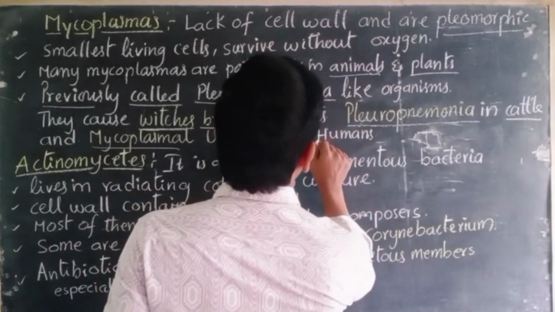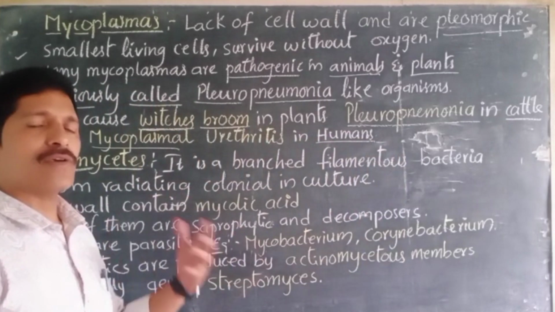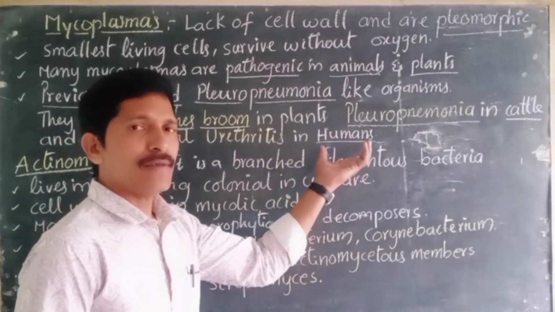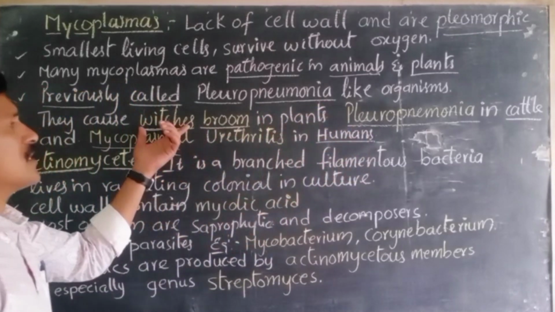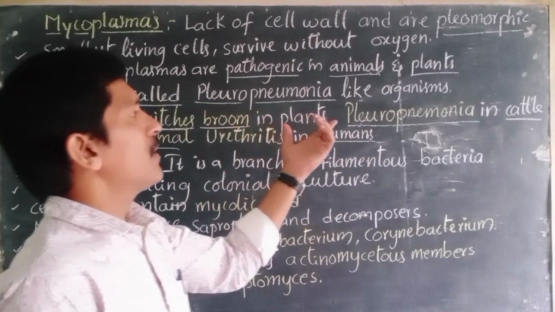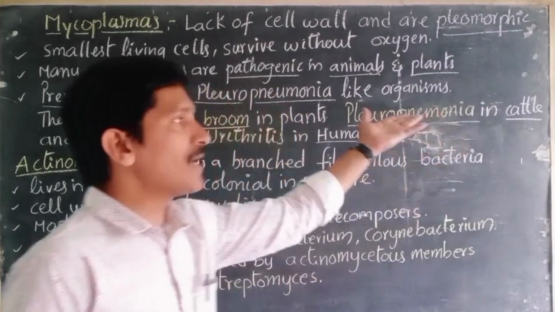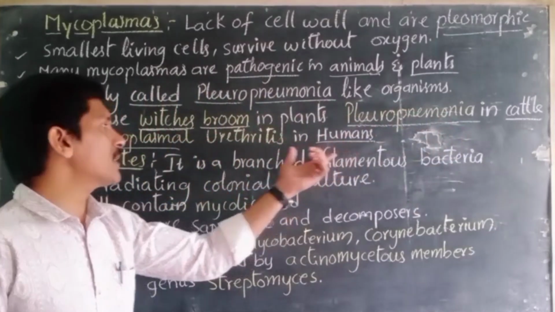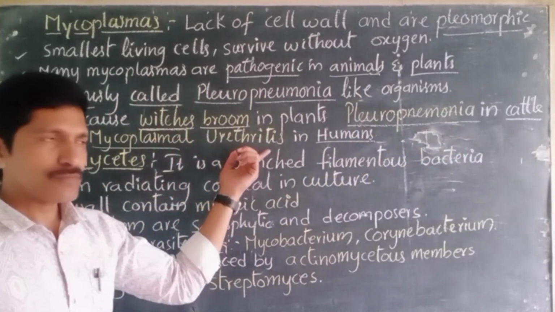Just to see that these are pathogenic organisms which cause damage in plants, animals as well as humans. The disease in plants is witch's broom, the disease in animals is pleuropneumonia in cattle, and the health problem in humans is mycoplasmal urethritis, right?